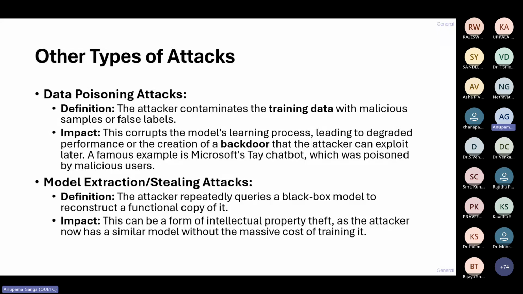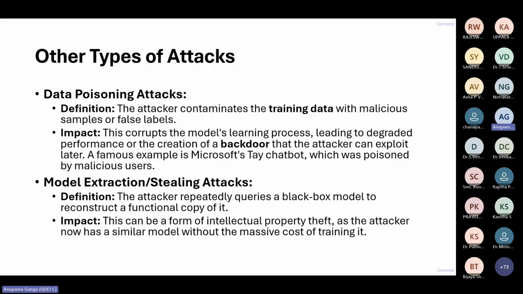Okay, and this is also a kind of threat to intellectual property, right? Because the original model owners will have the IPR rights, but this adversarial attacker is unauthorized, and it results in an unauthorized replication, right?